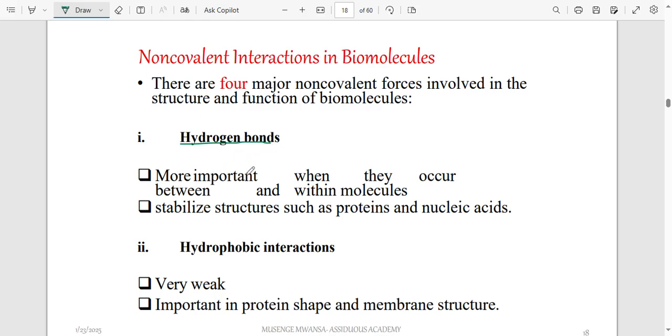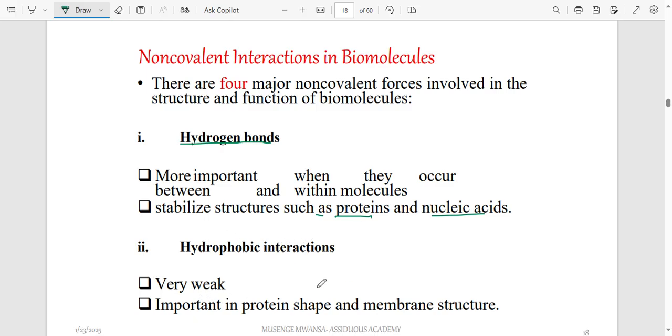Hydrogen bonds are more important between and within molecules. They stabilize the structures of proteins and nucleic acids, because these are polar. Not lipids mostly, because lipids are non-polar and will not form hydrogen bonds.